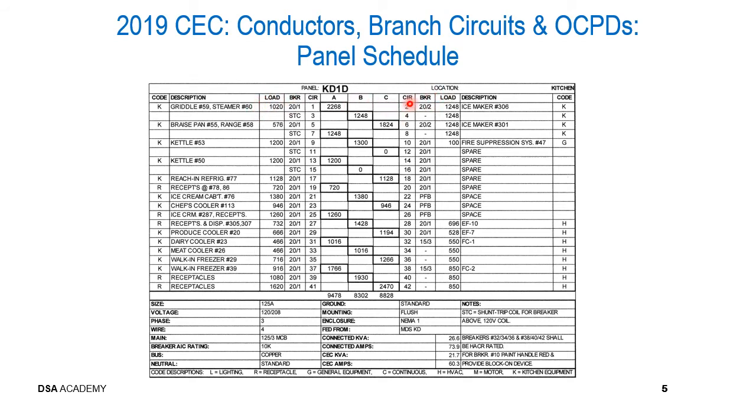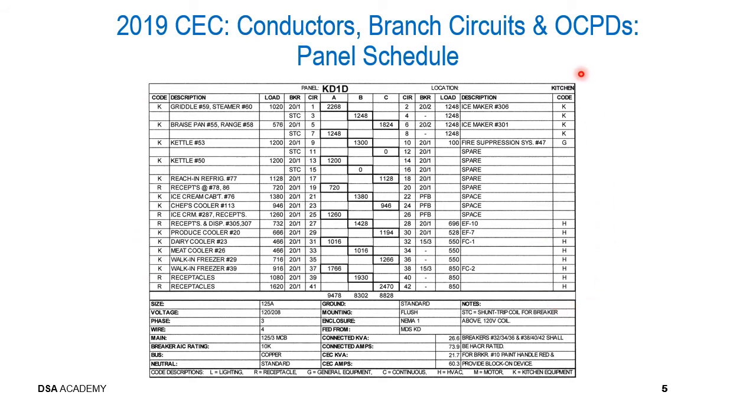And we'll talk in more detail about those. And there are also very important notes that are located over in this lower right-hand section, and also the code descriptions for each of the codes that are identified on each side of this panel schedule.